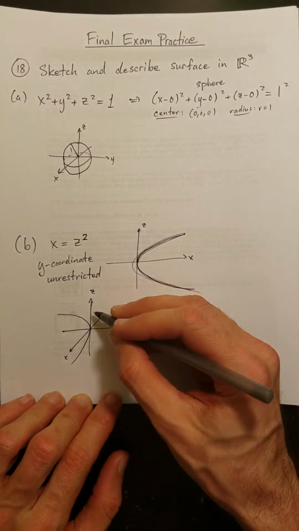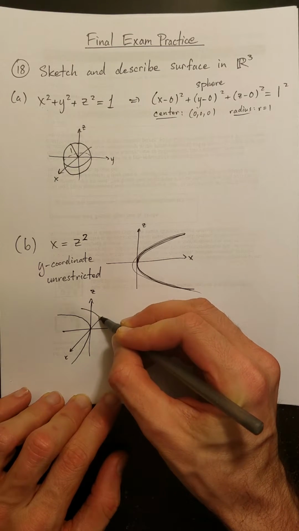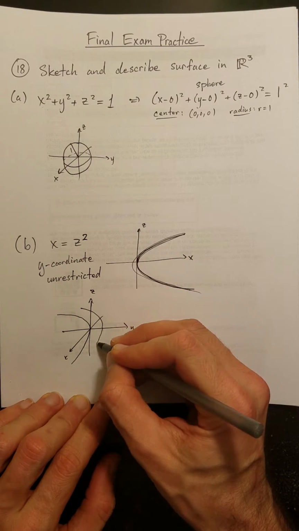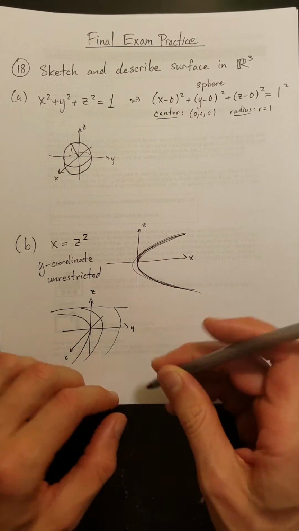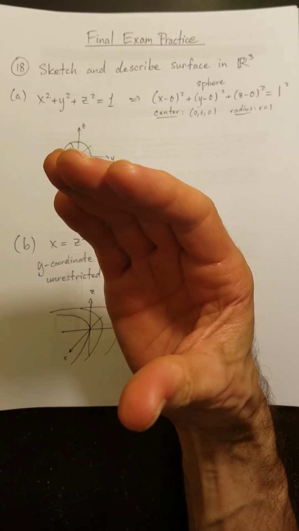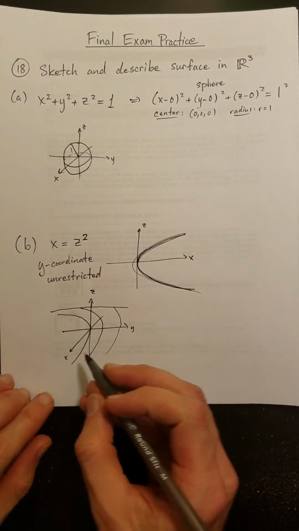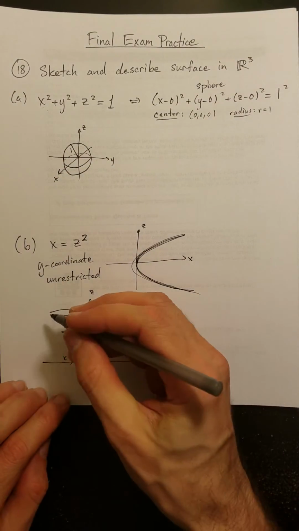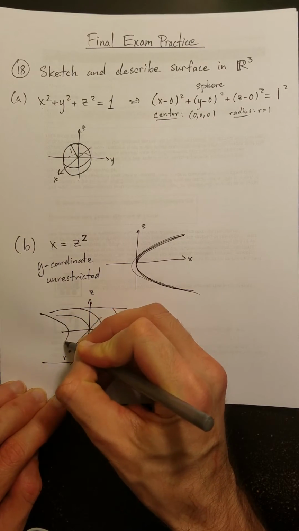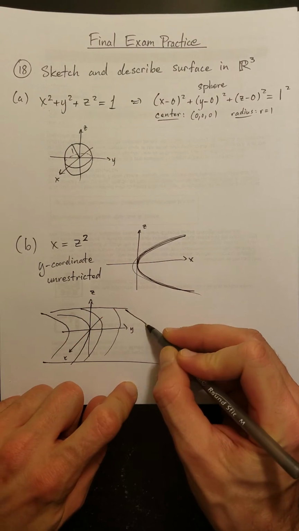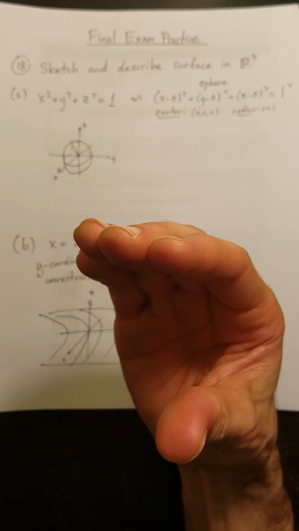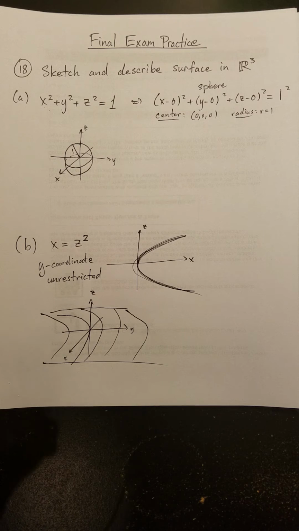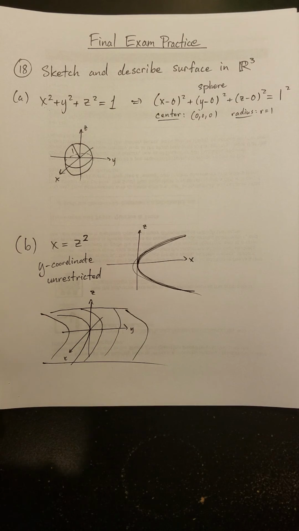Then we're basically going to have a version of this at every single point of y, and they're all connected essentially like this. So this should look like a big mouth, almost. An infinitely long mouth. It's a little bit hard to draw, but like I said, it looks like a mouth coming like this. Okay, so that's problem 18. All right, moving on.